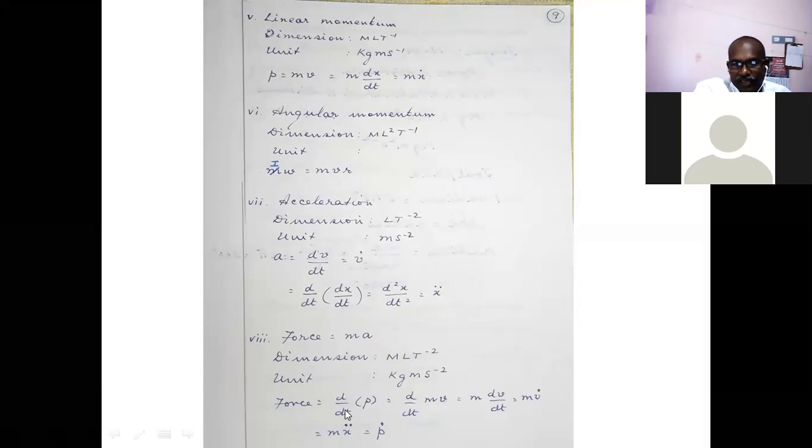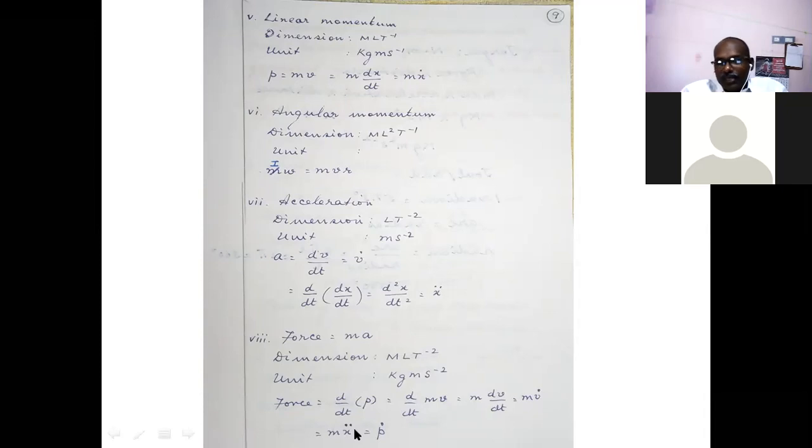Look here. You are differentiating momentum with respect to time. P is nothing but mv. Therefore, it is d by dt of mv. M does not change with time. Hence, m can be taken out. So, m dv by dt, which is equal to m v dot, or I can write it as m x double dot, or simply p dot.